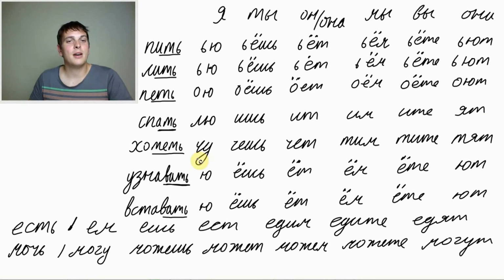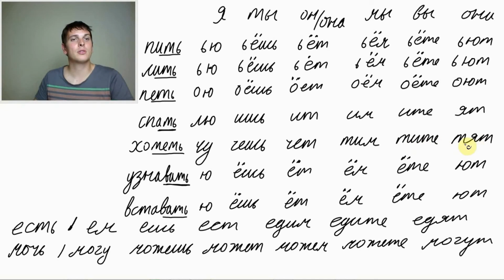How would you say I want? Я хочу. She wants. Она хочет. You in singular, wanting. Ты хочешь. We want. Мы хотим. You in plural or in the polite form, you want. Вы хотите.